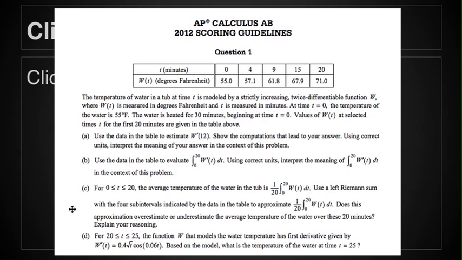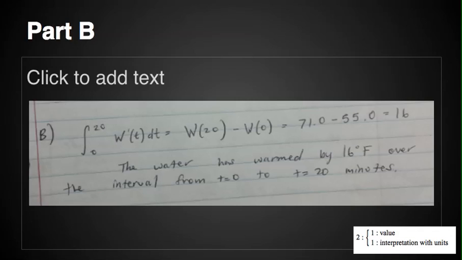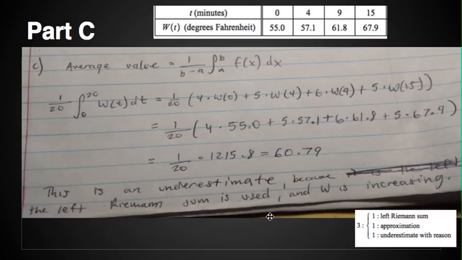And then we go back to the problem and we see that it's asking for the average water temperature, so we still have to multiply by 1 over 20.